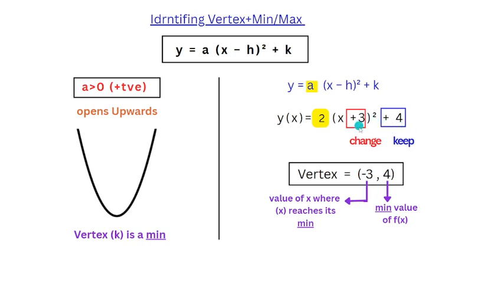When we take h and k, we change the sign of h and keep the sign of k. So we will write here -3 and we will write here 4. And this is the vertex of the parabola.